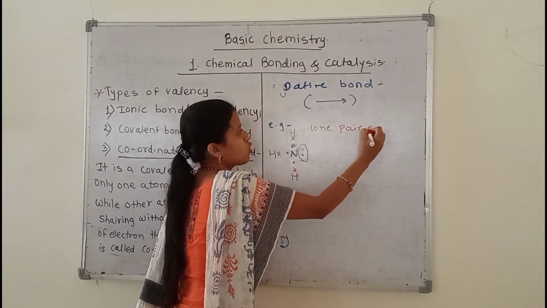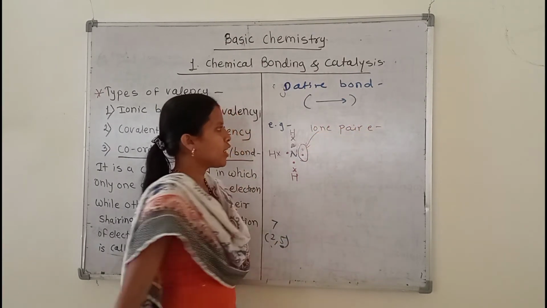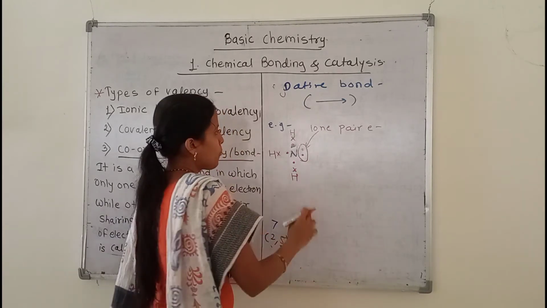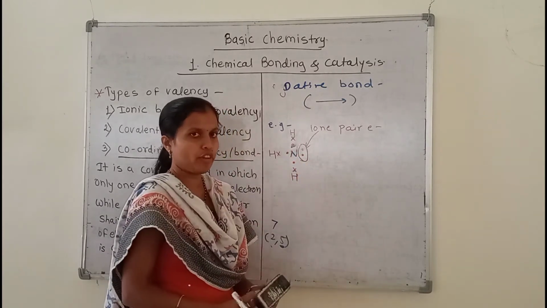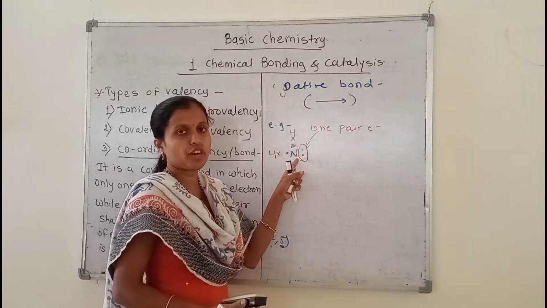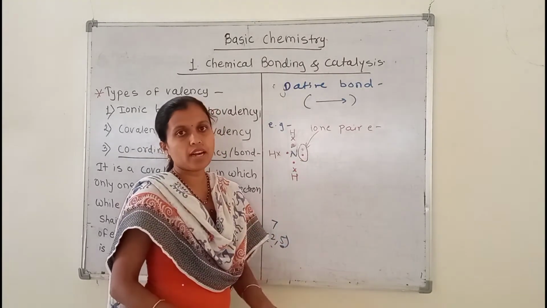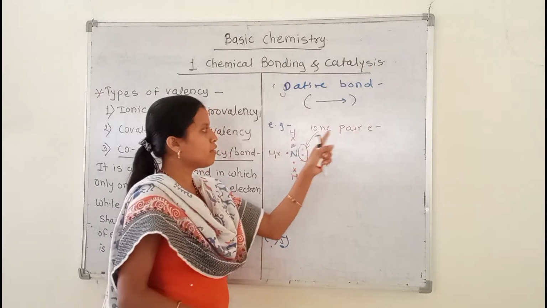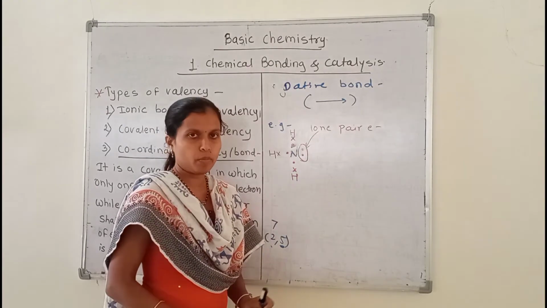They are present in the valence shell of the nitrogen atom, but they cannot participate in chemical bonding, so they are called the lone pair of electrons.